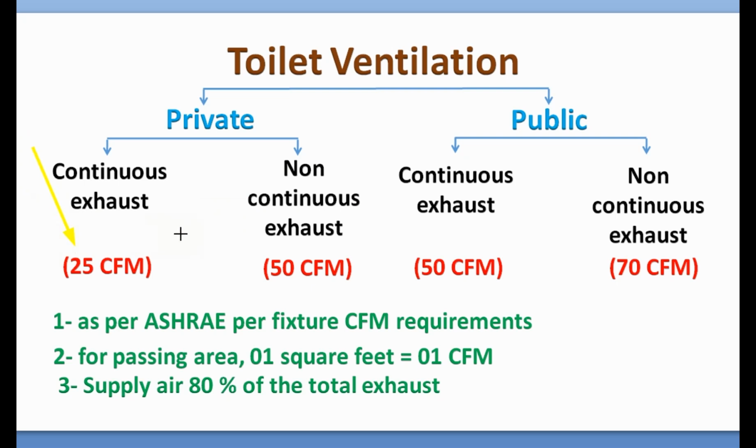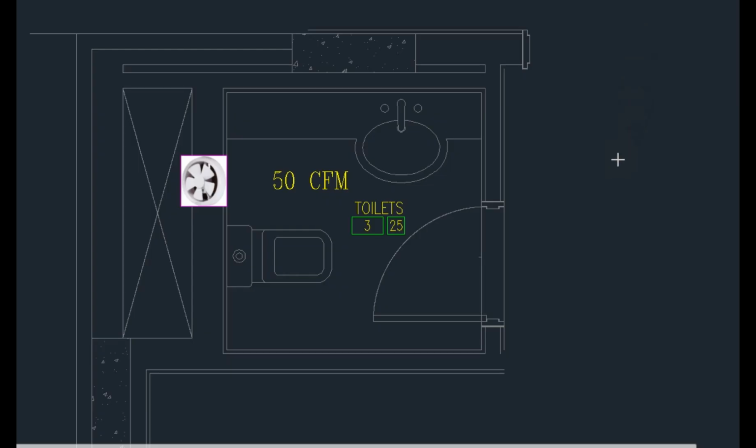But if we need to use the exhaust fan at the time of using toilet, then we will select the exhaust fan at a capacity of 50 CFM. This is a private type toilet, and we have selected exhaust fan for it, assuming that we will use the exhaust fan when we are using the toilet. So we have selected its capacity 50 CFM.